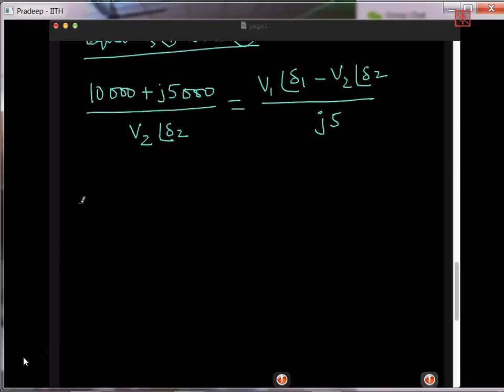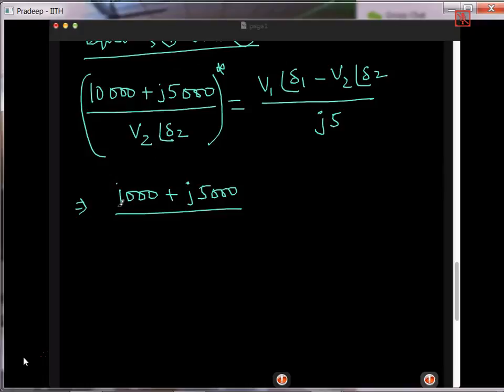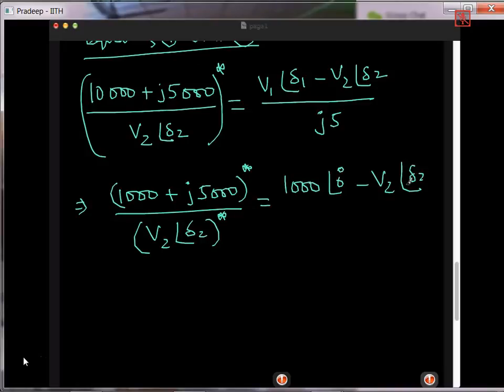So this implies that, oh, I have to put a conjugate here: 10,000 plus j5,000 divided by the conjugate of V2 angle delta 2 is equal to V1, which I already know, that is 1000 angle 0 degrees, minus V2 angle delta 2 by j5.